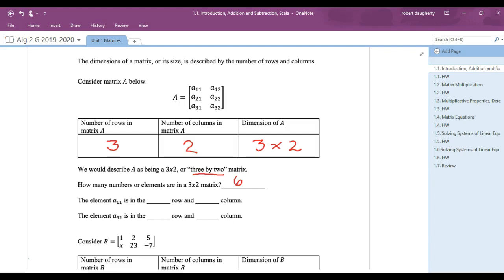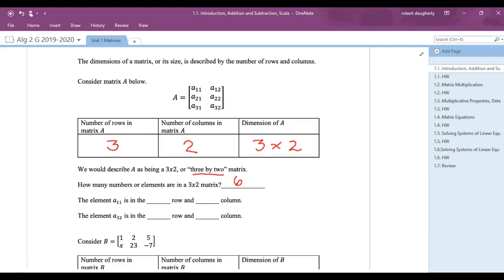Now, another notation that we use is these subscripts. A11, A12, A21, A22. What do you think that means? Row and column, okay? This is the first row and the first column.